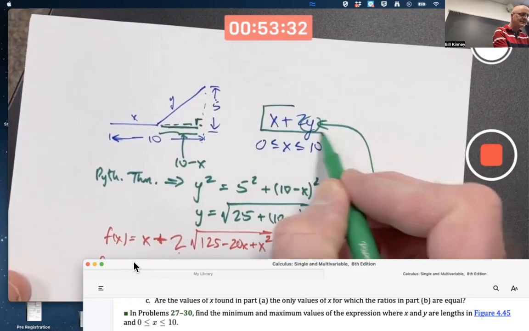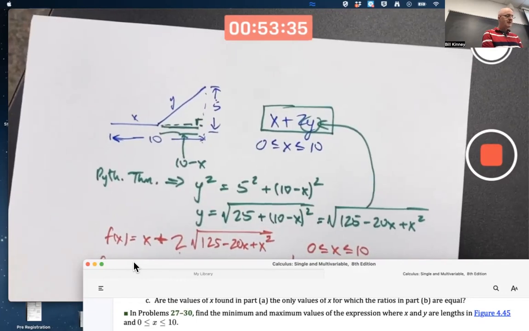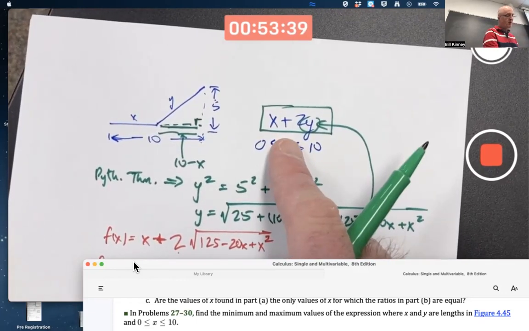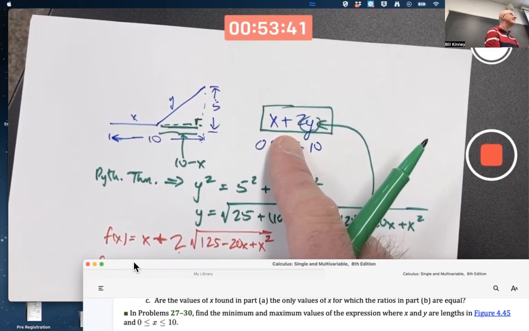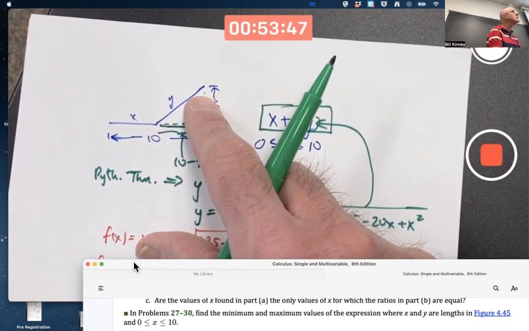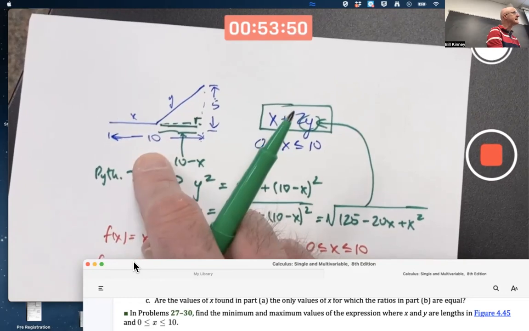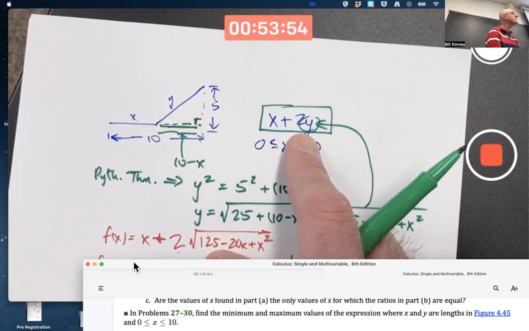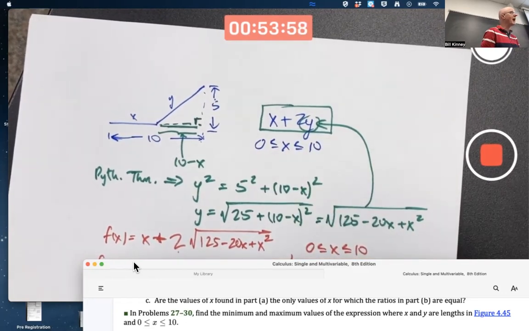We're trying to maximize x plus 2y. So we're not trying to minimize distance. This might be more realistic for trying to minimize time of travel or energy expenditure, if you go twice as slow over this length than this length, because of the two. So it really is a practical kind of problem.